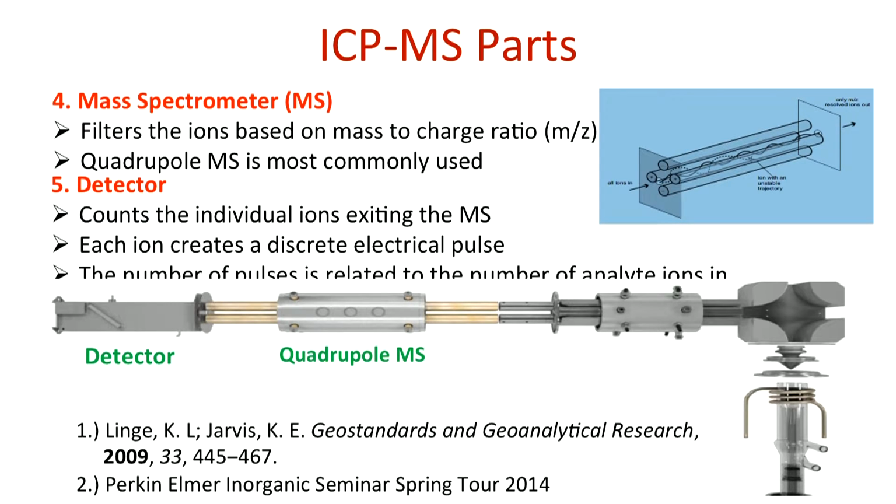Then after the optics, it goes through the mass spectrometer, which is typically a quadrupole mass spec. And so the ions travel here based on their mass to charge ratios.